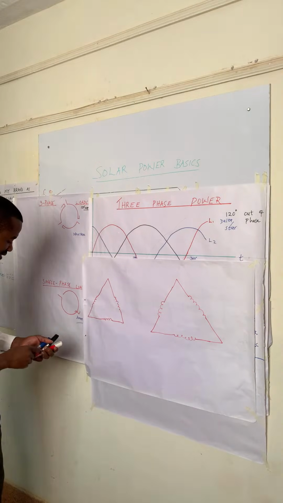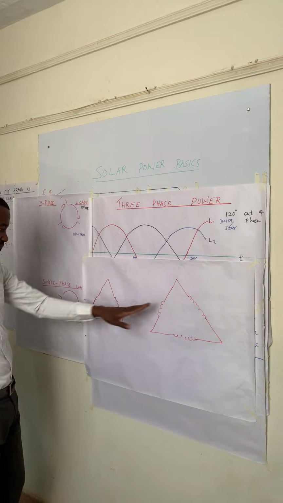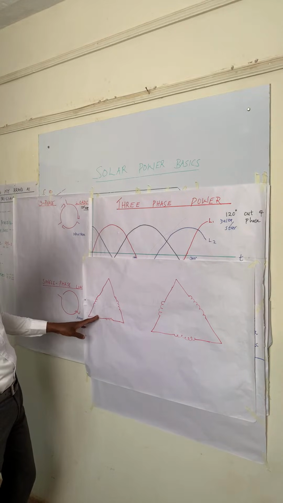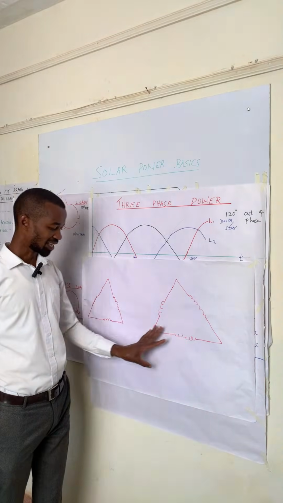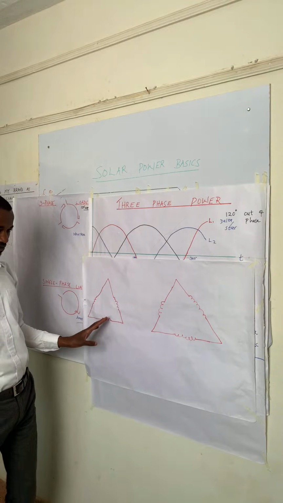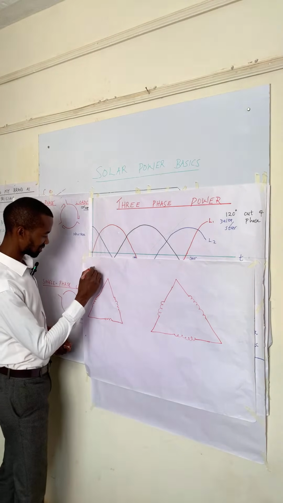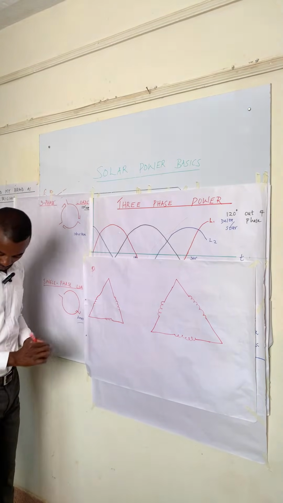Yes. So this is at the secondary, and then this is at the primary. Now, you might think that these are different sizes, but I hope you understand what it means. So this is at the primary.